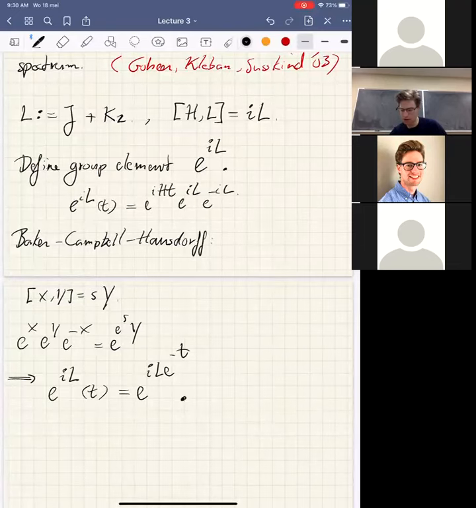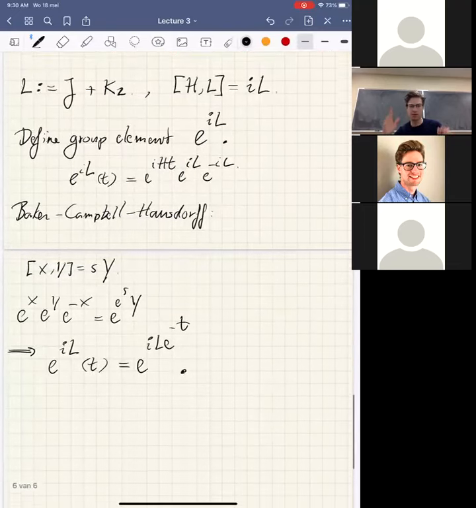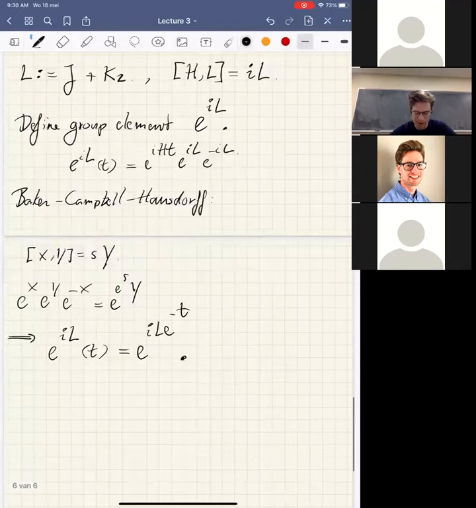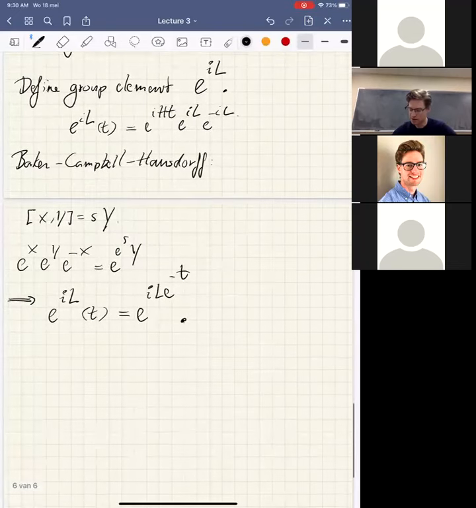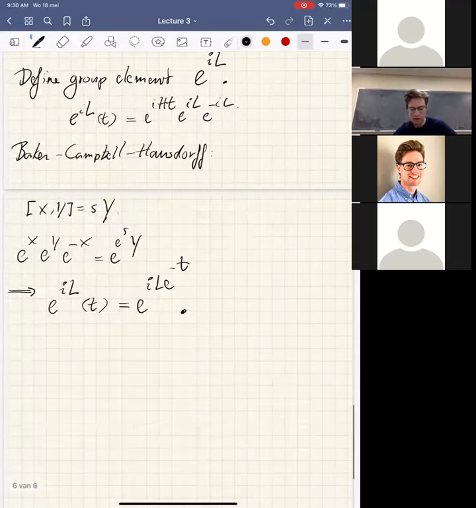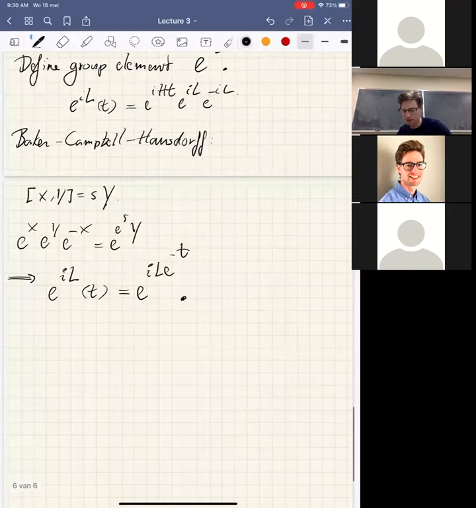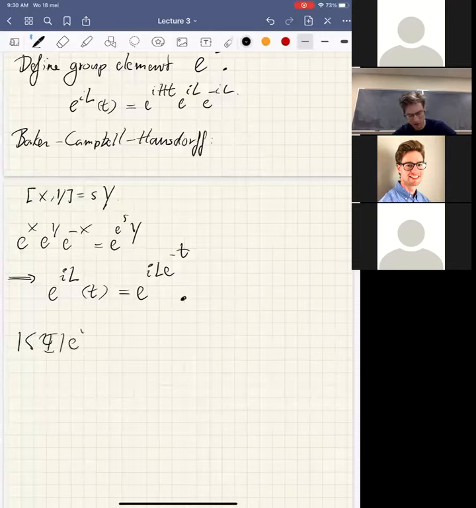Now we can look at the absolute value of the expectation value where we act with this particular operator on this particular state psi that we're interested in. First we can just look at the expectation value without doing time evolution. So then we would get the following.